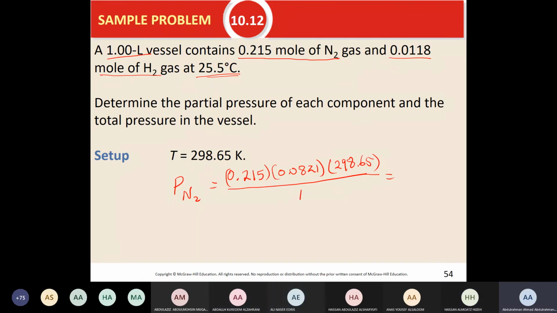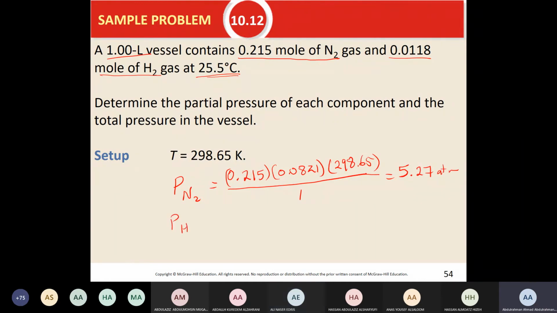Give me an answer quickly. 5.27. Exactly.